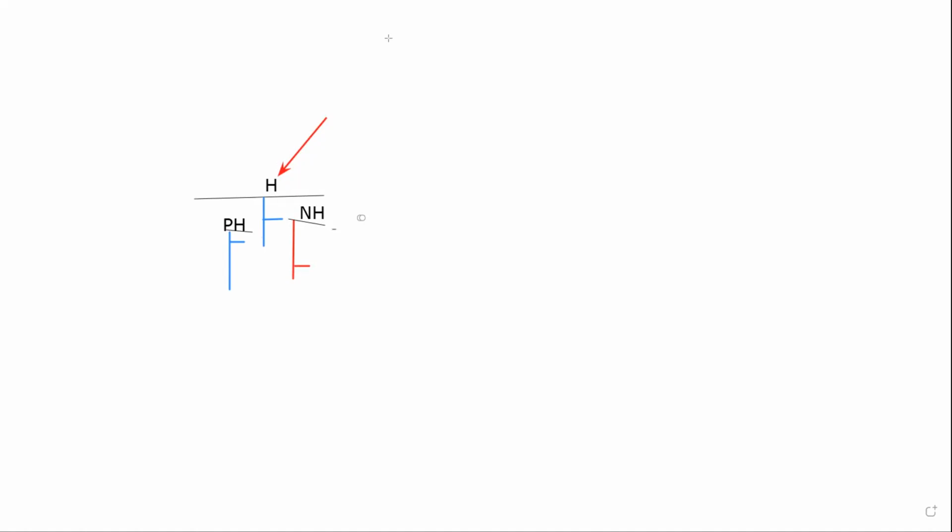Similarly, we have a swing low. It's exactly the same. Here we have this one, and then we have a bullish bar.